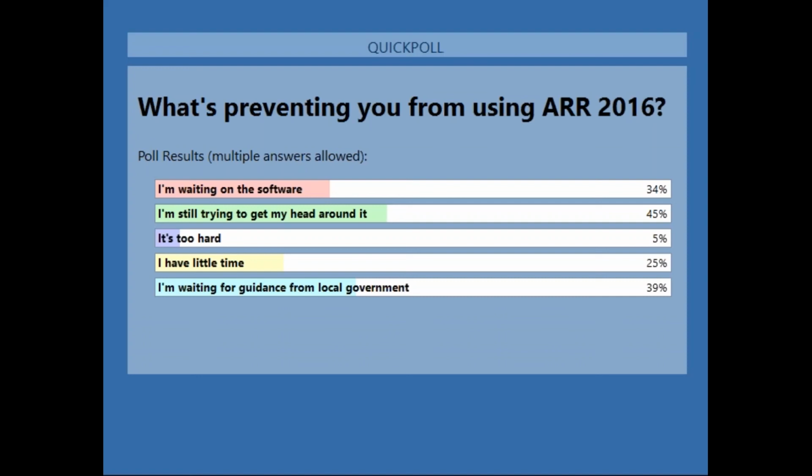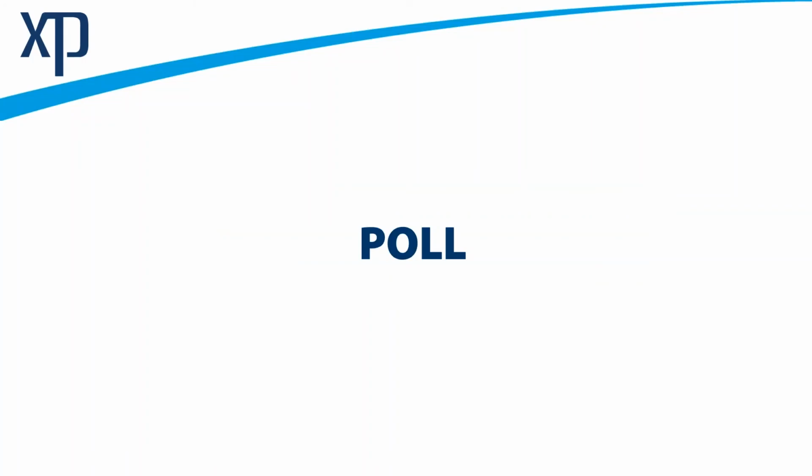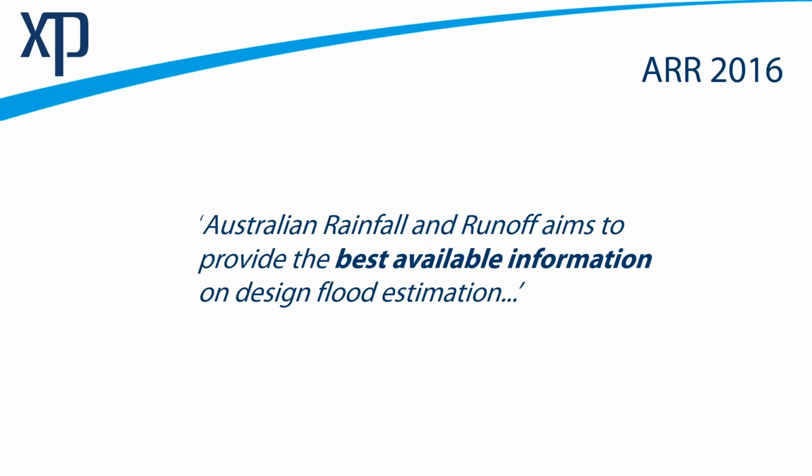Sounds good. All right, that leads into our next question: why should people be using ARR 2016 right now? Well, ironically enough, the answer to that question is actually in ARR 2016. It says in the book, Australian Rainfall and Runoff aims to provide the best available information on flood design estimation. Now, think about it.